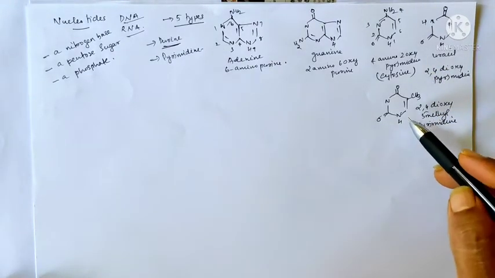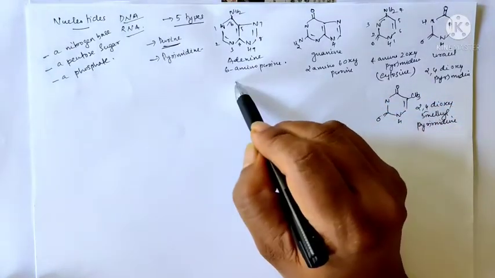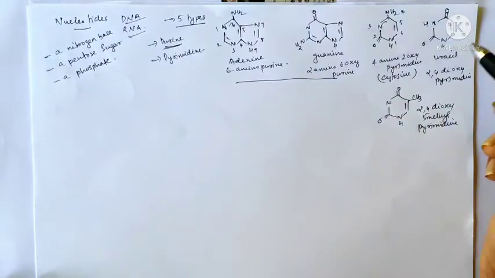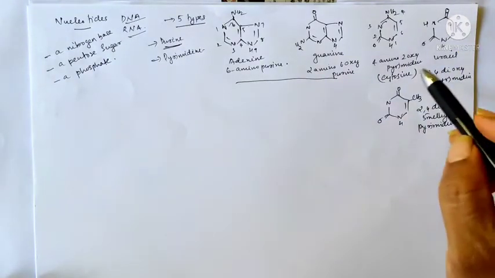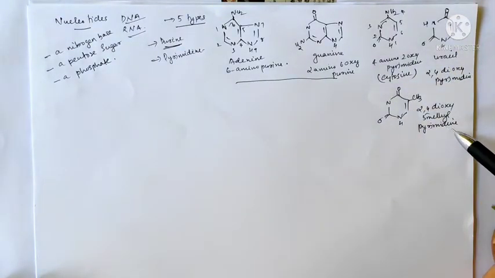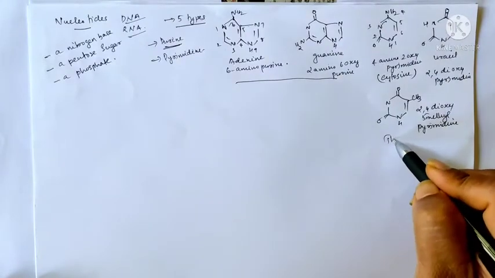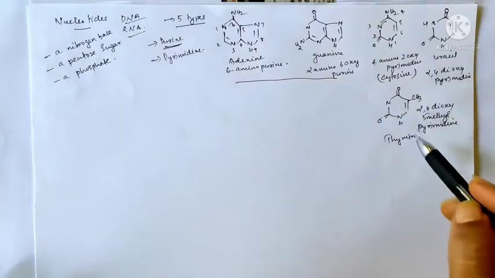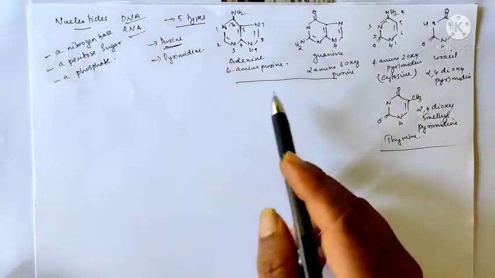This is also a pyrimidine nucleus. So there are 2 purine based nitrogen bases and 3 pyrimidine based nitrogen bases: cytosine, uracil and thymine. 3 pyrimidine type bases.